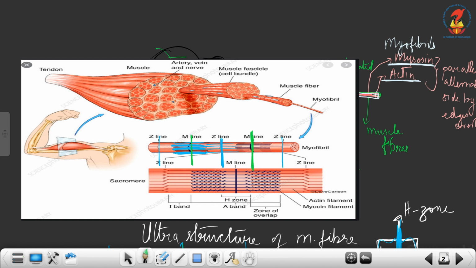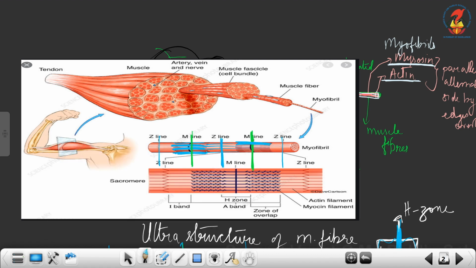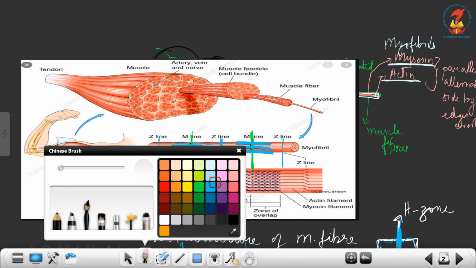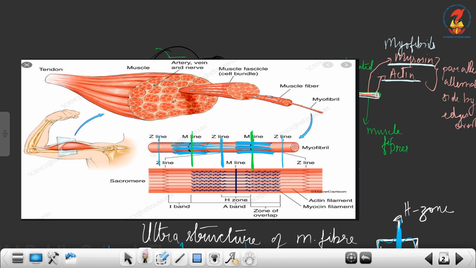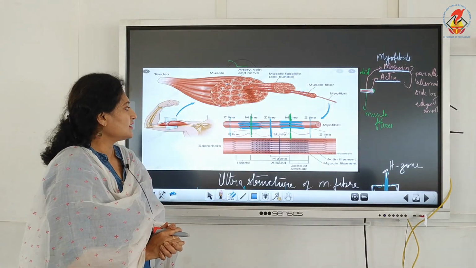So, remember, the M line runs through the thick filaments, and the line running through the thin filament is the Z line. The Z line is very significant because the region between two adjacent Z lines is known as the sarcomere, which is the structural unit of contraction.